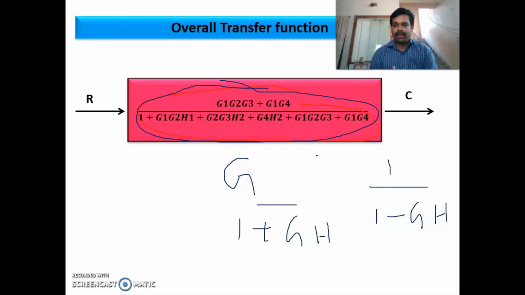Okay, then eliminating the feedback loop, then interchanging the summing point, moving the summing point, then eliminating the feedback loop. Like that, step by step we have moved, and we have reached the answer. The main thing is we have done the same problem by two methods, but the answer of the two methods is the same. We are getting the same answer for both the methods.